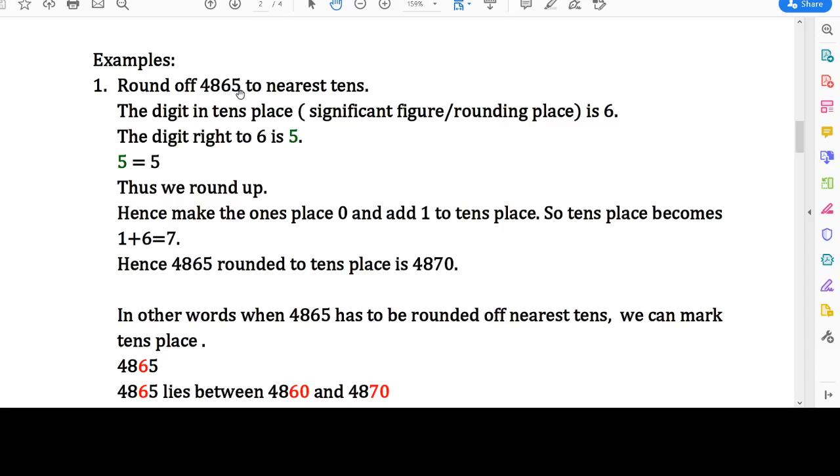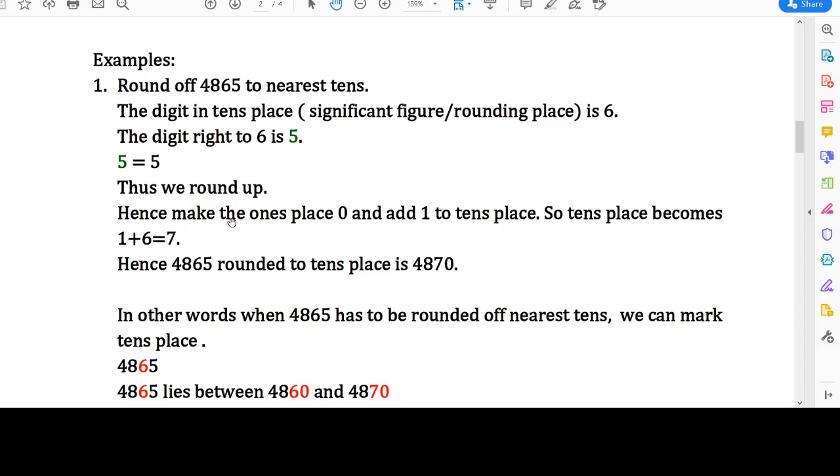The digit in the tens place is 6 and the digit right to it is 5. Now we will check whether this 5 is more than or equal to 5 or less than 5. It is exactly equal to 5, that is, it comes in the category of more than or equal to 5. Then what we do, we round it up.